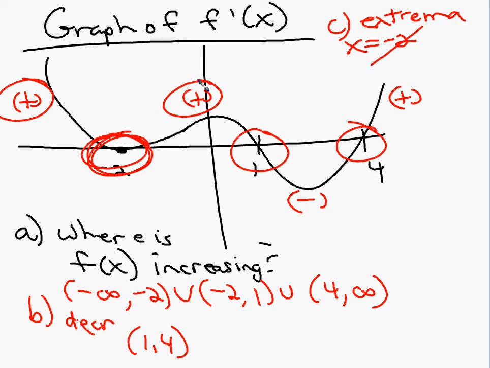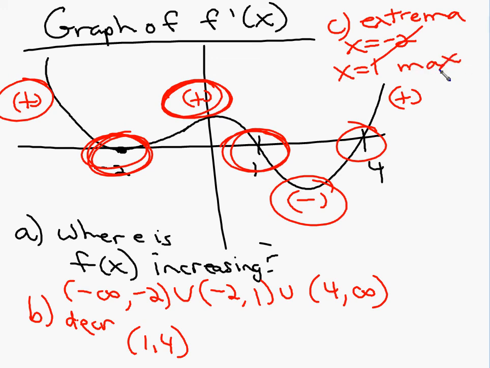But when I get to 1, the derivative changes sign from positive to negative, so 1 has to be a maximum. X equals 1 has to be a max. What would 4 have to be? X equals 4 is a min. And we will stop there for today.